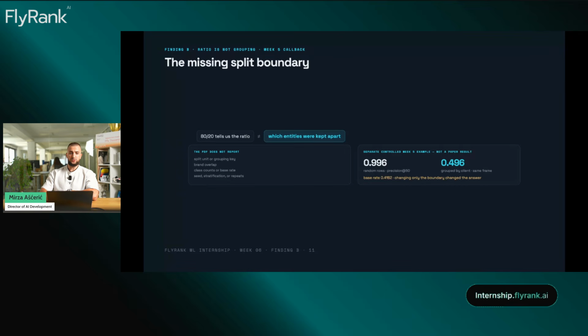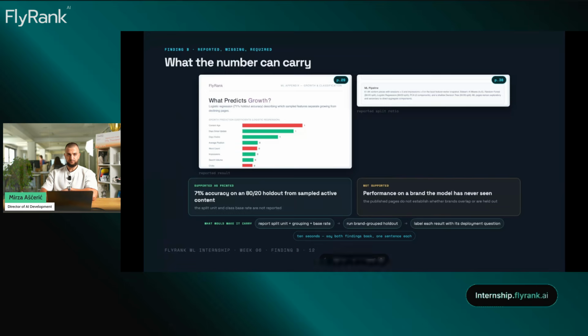The base rate, which is what you get just by guessing, was 0.4162. Just changing the line changed the answer. And this example shows why the paper should say how it split things. It doesn't show which way the paper split them.